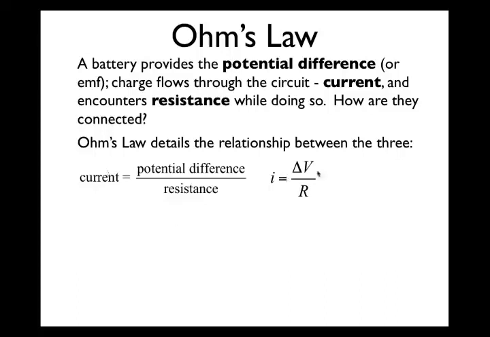Now, this is, in my mind, the best way to write Ohm's law because it's the one that makes the most sense in my head about how these concepts are connected to each other. But I will tell you that most people write it this way, V equals IR or delta V equals IR. I'm not sure exactly why that is, but it's very analogous in my mind to the way we think about and write Newton's second law.